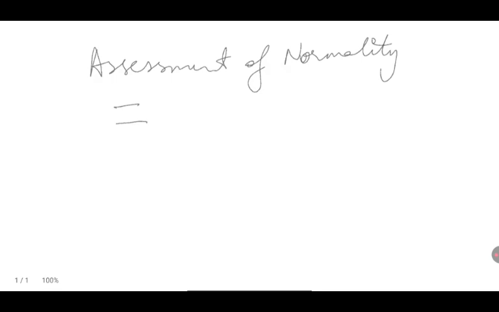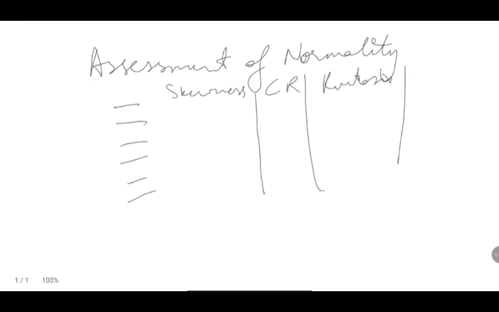So when you run measurement model assessment, you go to assessment of normality. Under this, you will get a table in which all the indicators will be listed, and against these indicators you have the skewness value and its critical ratio, and then you have the kurtosis value and its critical ratio.